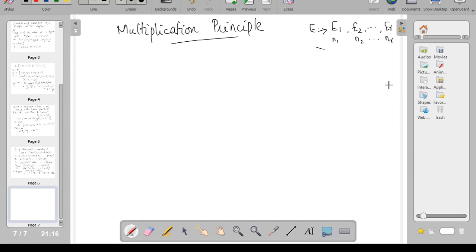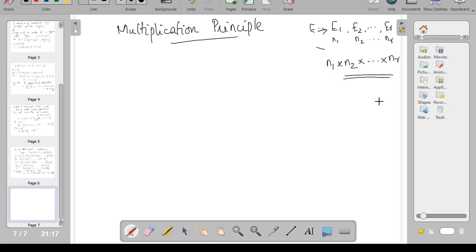E1 can occur in N1 ways, E2 can occur in N2 ways, and ER can occur in NR ways. Then the multiplication principle states that the total number of ways in which the event E can occur will be N1 into N2 into etc. NR. So if you have R events which have to occur in order, one following the other, this is the total number of ways in which the event can occur. So that is the multiplication principle.